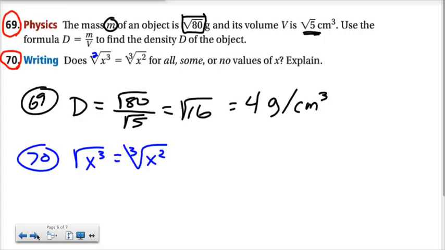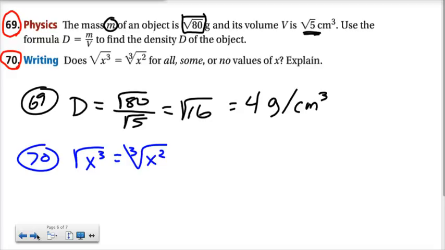Then I think about just something basic, like maybe putting a 2 in here. If you put a 2 in, 2 cubed is going to give you 8, and that'll give you the square root of 8. If we put a 2 in this, we'll get the cubed root of 4. No, those are not the same thing. You can punch them in your calculator, that's not going to work. So far, negatives aren't working, positives aren't working.